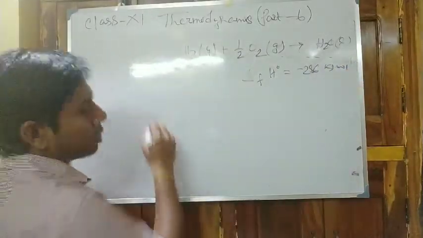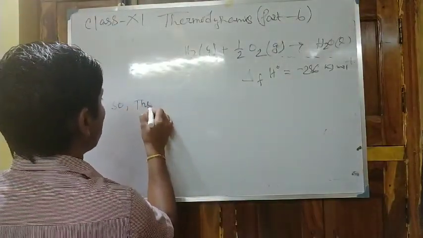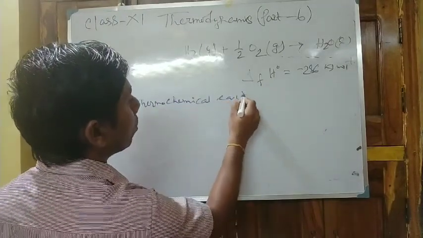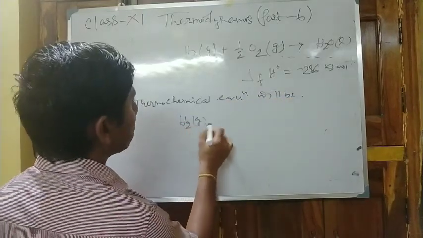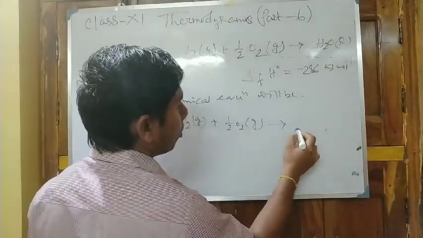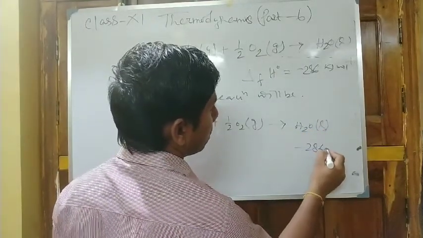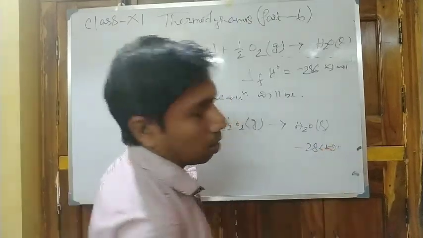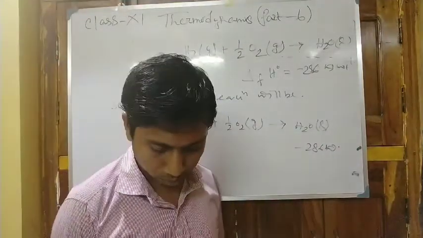When we represent it in the thermochemical equation, it will be H2 gas plus half of O2 gas forming H2O liquid, minus 286 kilojoule. This is the expression of the reaction in thermochemical form.